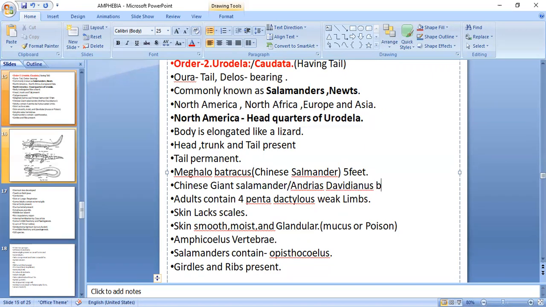It is actually the biggest amphibian. Anyway, this is also a bigger one. The Megalobatrachus Chinese salamander reaches up to 5 feet, but this Chinese giant salamander is bigger than that one.